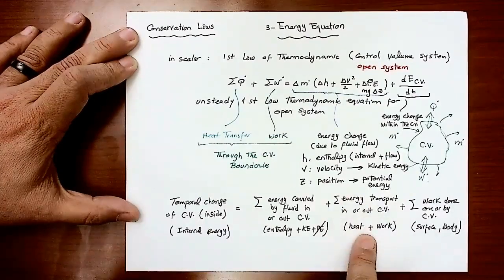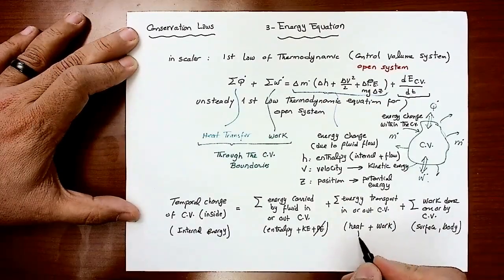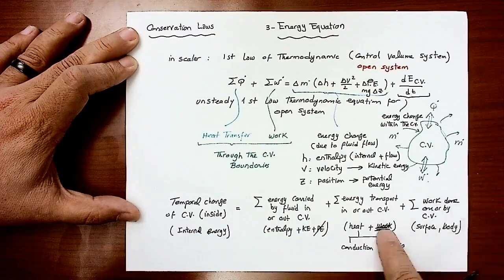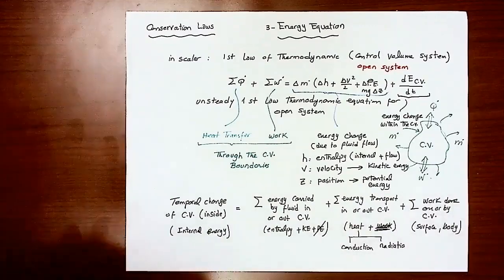Let's keep that term only for the heat, and the heat is going to be mainly by either conduction or radiation. And let's keep work by itself as a standalone term here. So the energy carried in and out by the mass, which is enthalpy and kinetic energy, in addition to the energy transport by conduction or radiation to the control volume.